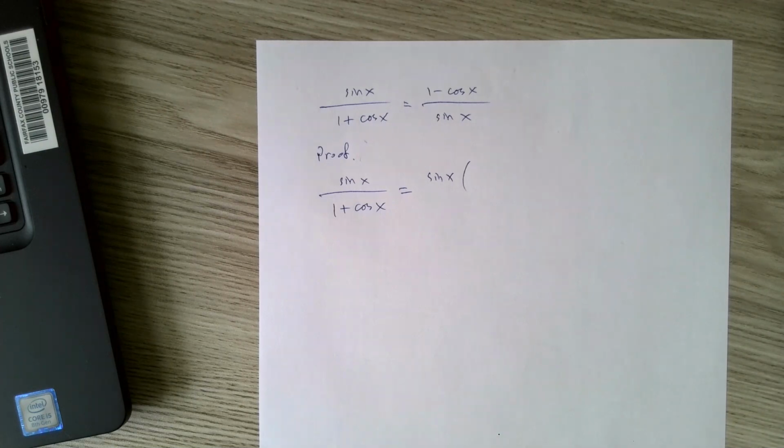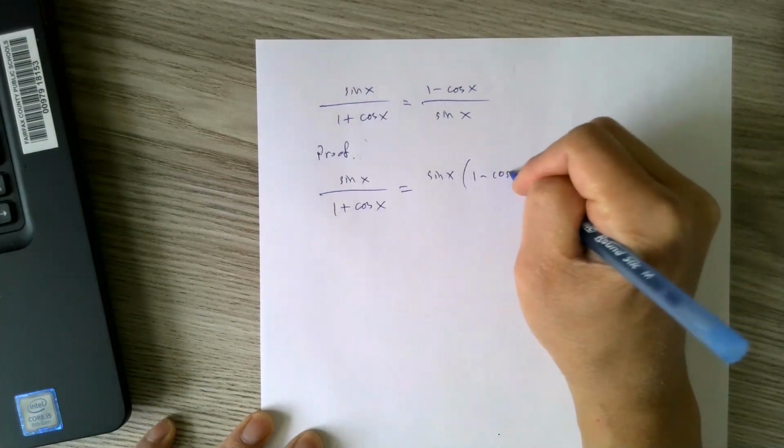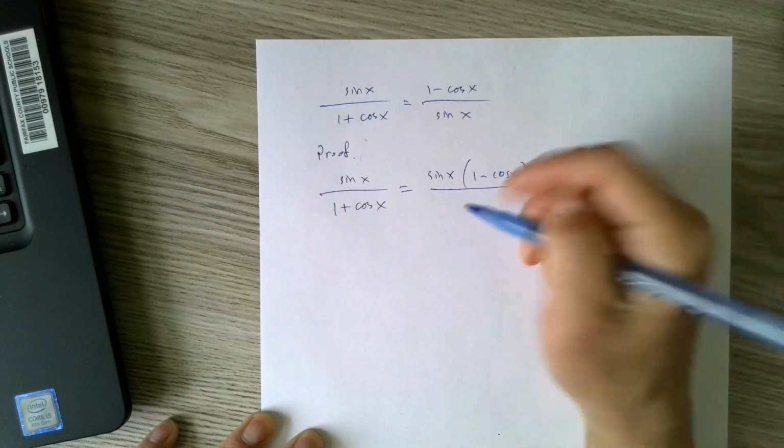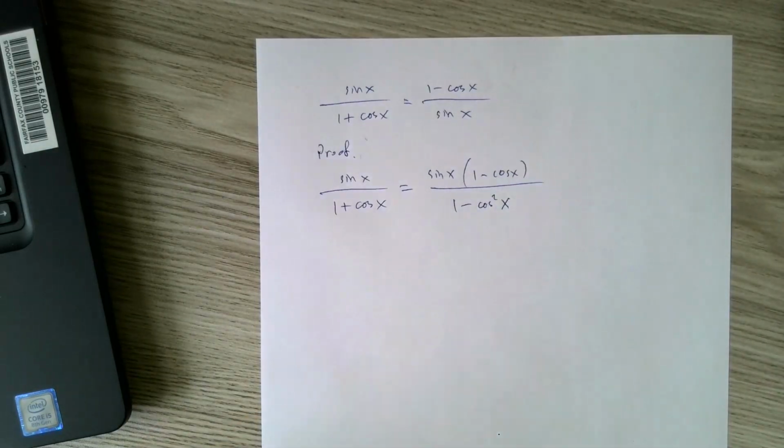And you need a little creativity here, and with experience, it'll come to you in a split second after you do this a couple times. I'm going to multiply by 1 minus cosine x. And if you look at the denominator, you'll see why I did that.